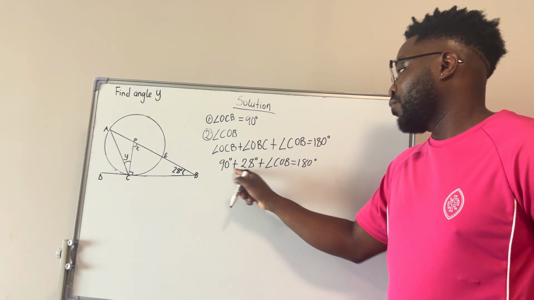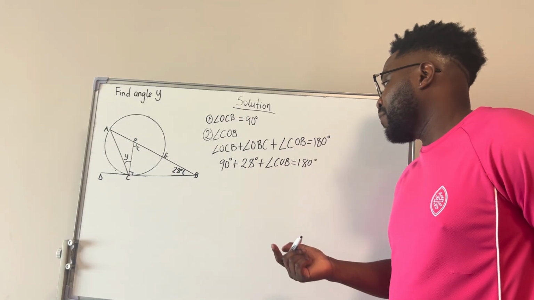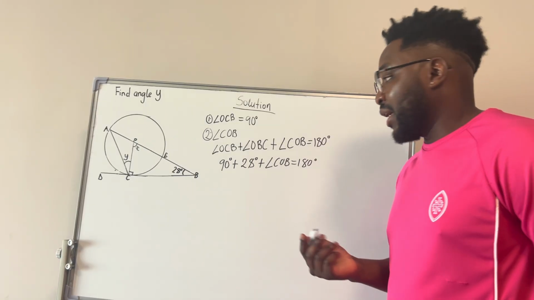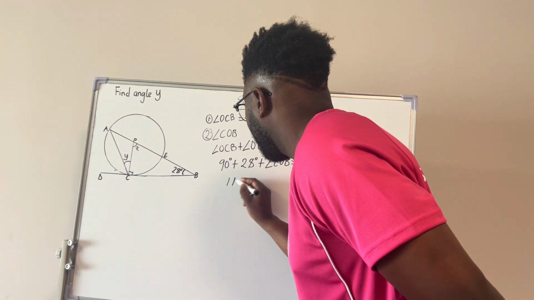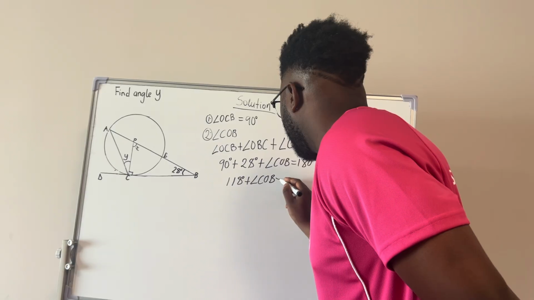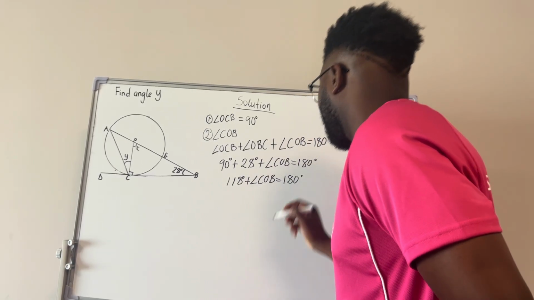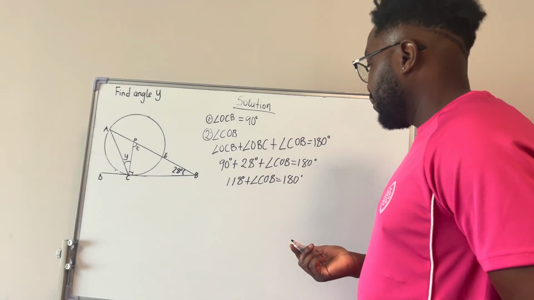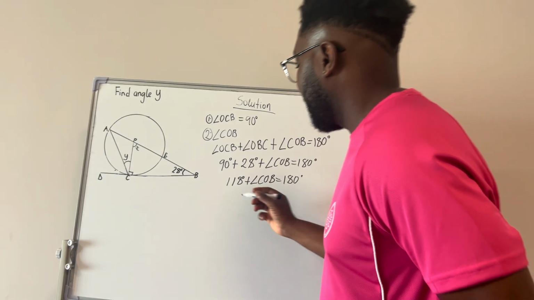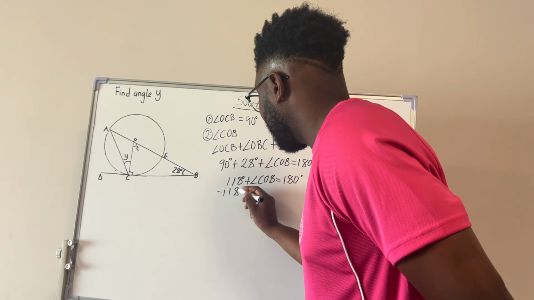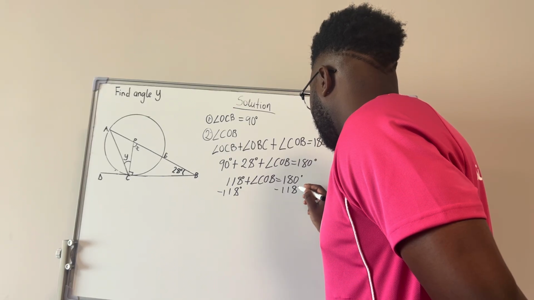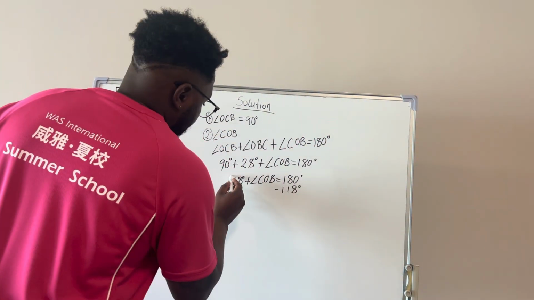Okay, so now we can simplify. We can add these two terms over here. So 90 plus 28, that gives us 118. So 118 degrees plus angle COB, equating that to 180 degrees. We can isolate angle COB by subtracting 118 degrees on this side, and we also subtract 118 on the other side, and those two will cancel out.